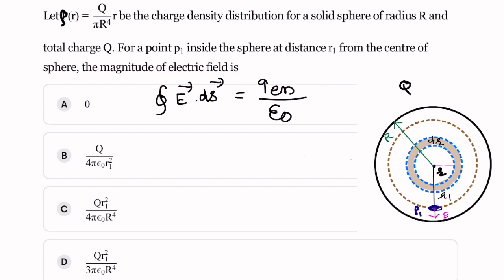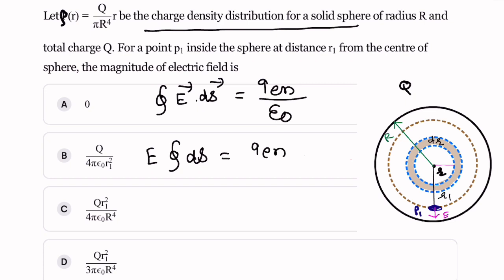But in this case, charge density is non-uniform, and for a non-uniform charge distribution we must solve this problem by using an integration method.